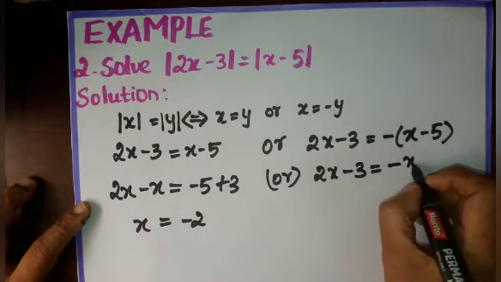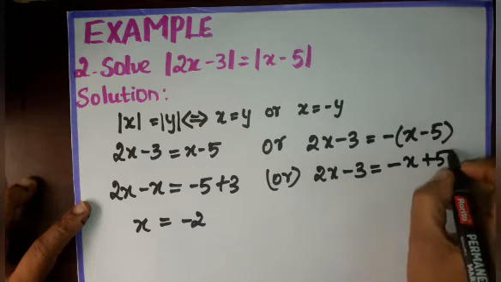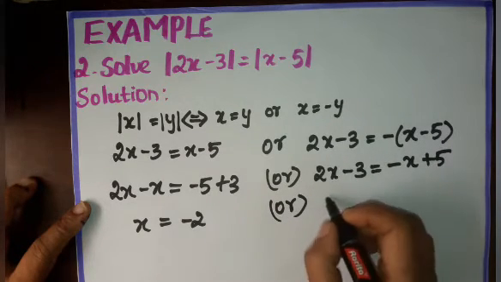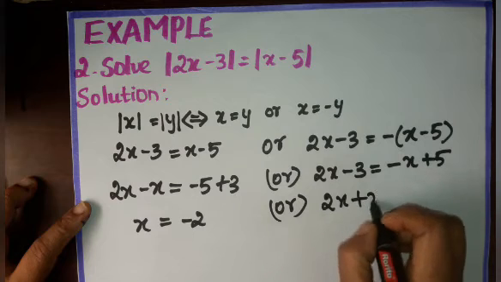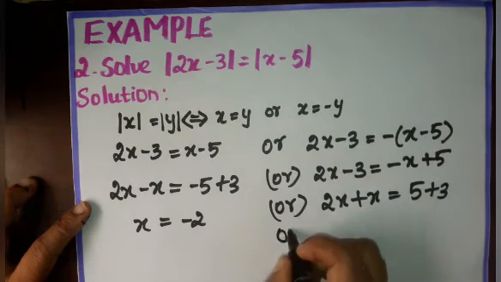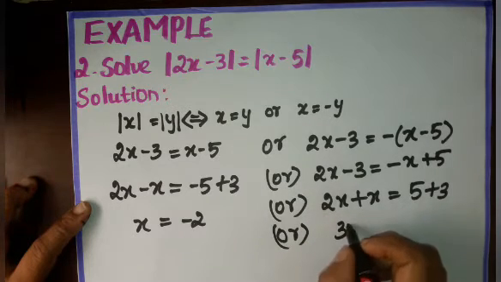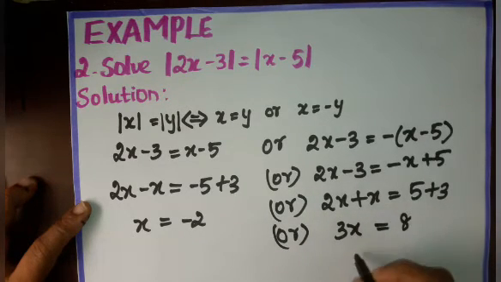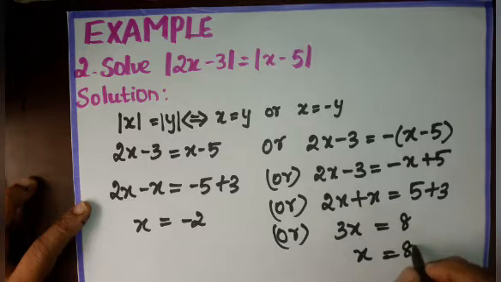So we will get minus x plus 5. Then we get 2x plus x equal to 5 plus 3, or 2x plus x is 3x equal to 8. Then x is 8 by 3. Have you understood, children?